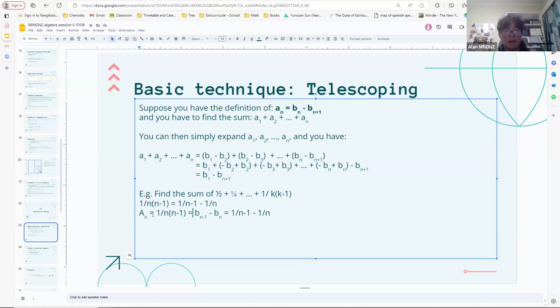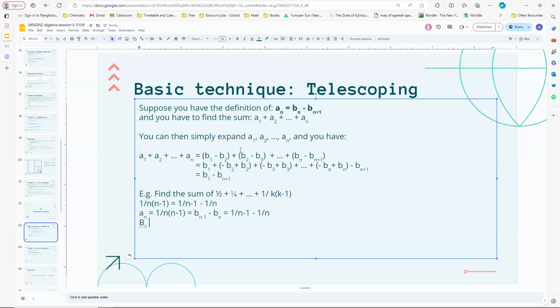So we have the sum. Oh wait, no: b1 minus b2 plus b2 minus b3, dot dot dot, and then we have b_(n-1) minus b_n.